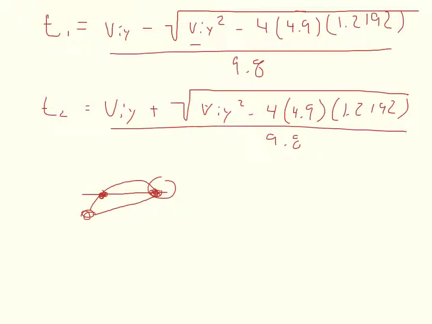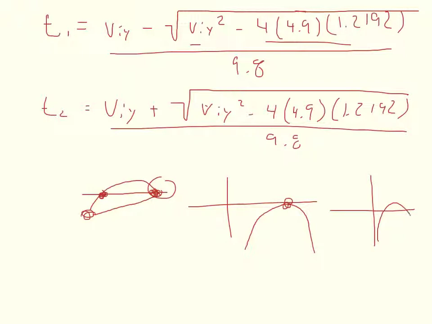If v initial y squared equals the rest of this, that corresponds to a parabola that touches the point you're looking for, and if it's anything greater than that, that corresponds to a parabola that has two intersections, or what we would call two real roots.